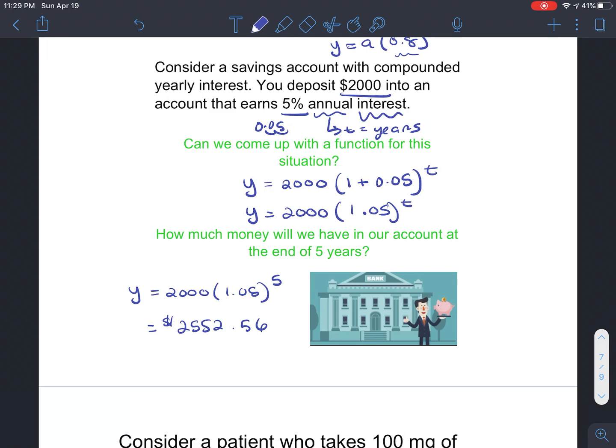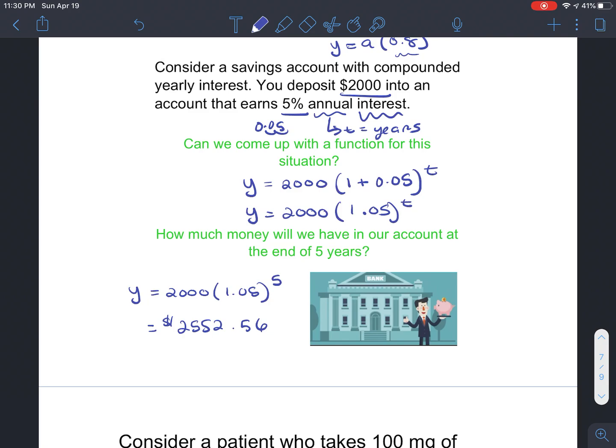So if I get $2,000 for, I don't know, graduation, and I put it into a savings account that gives me 5% interest, without doing anything to that money, in 5 years, when I'm done with college and I want to pay off some loans, I would have $500 extra in my account that wasn't there, that accrued over time periods.